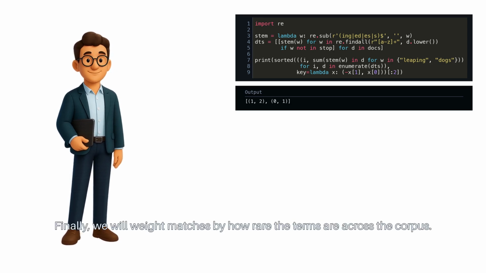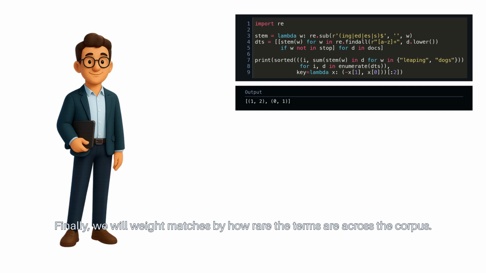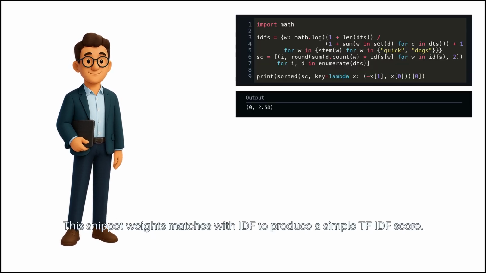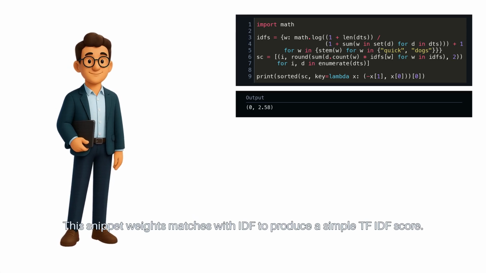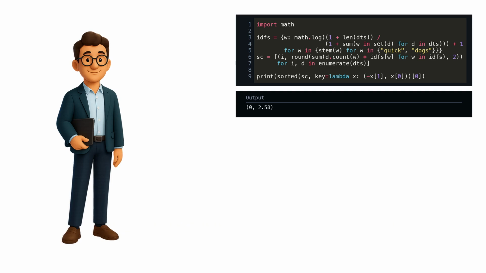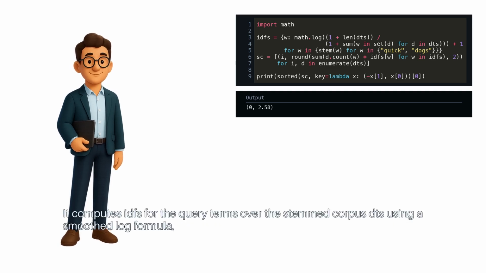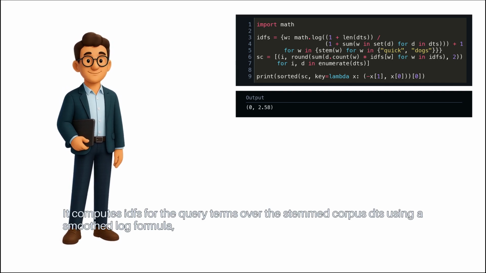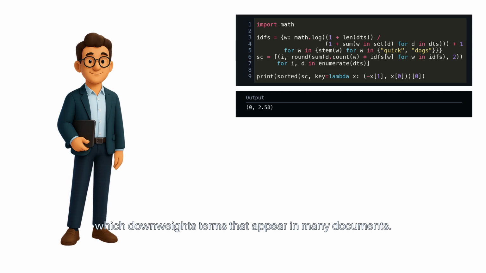Finally, we will weight matches by how rare the terms are across the corpus. This snippet weights matches with IDF to produce a simple TF-IDF score. It computes IDFs for the query terms over the stemmed corpus DTs using a smooth log formula, which downweights terms that appear in many documents.